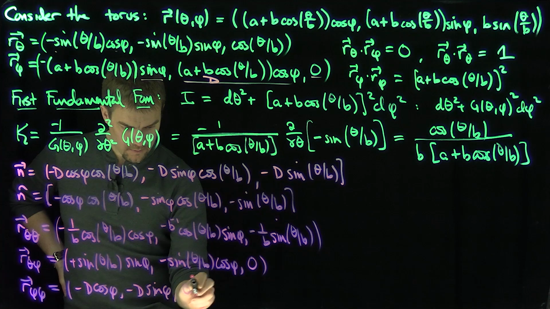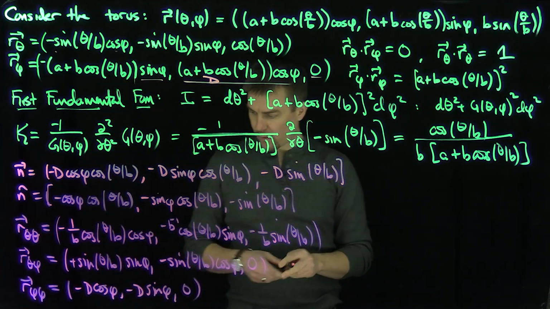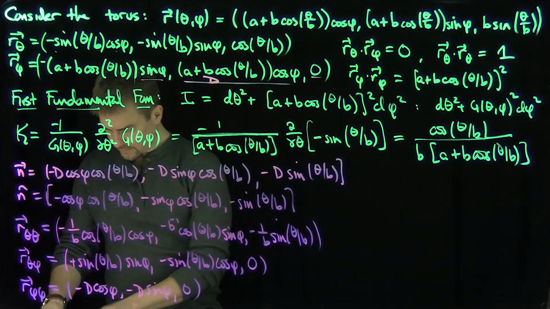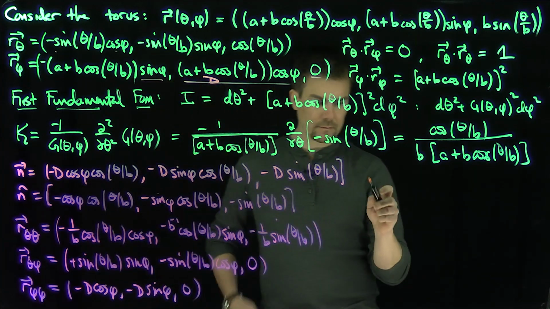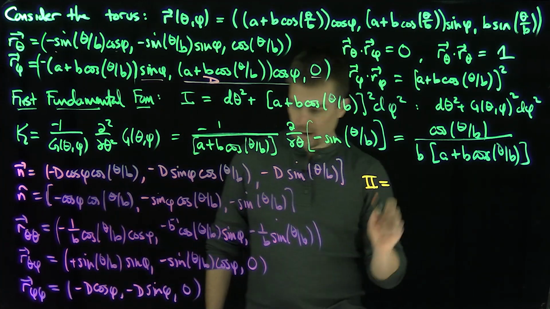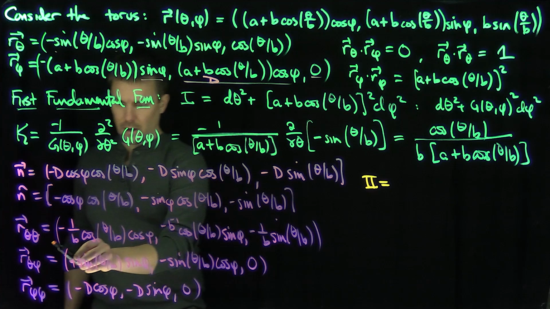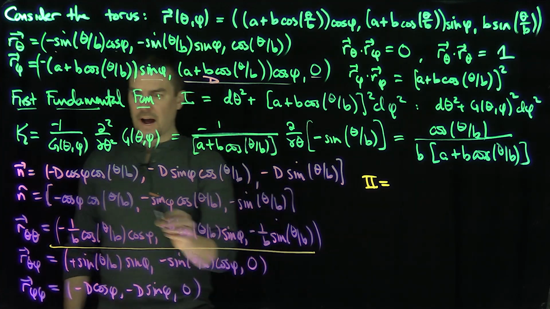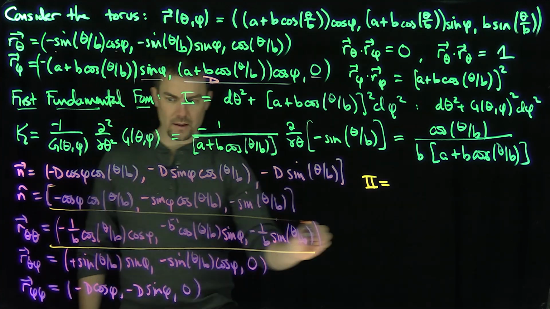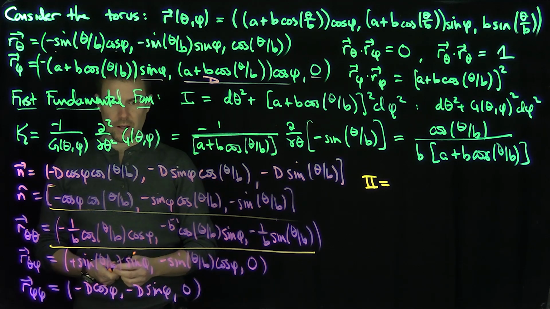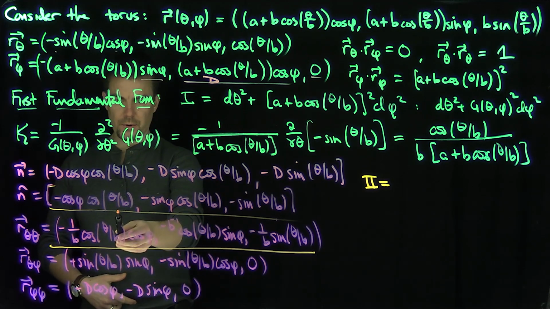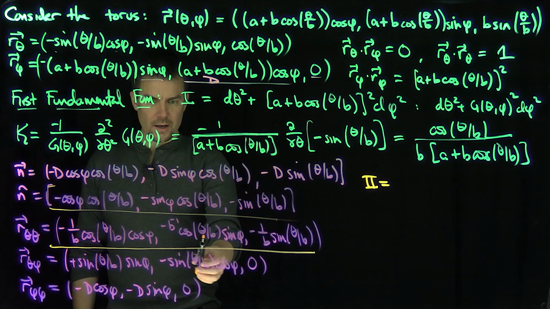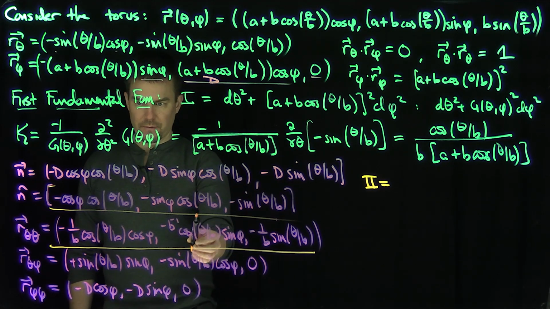Okay, so we'll find the second fundamental form. My second fundamental form, 2, is going to be r theta theta over here, dot with a unit normal vector right over here, right? Let's look over here what we're going to get. We're going to get cosine squared of phi, cosine squared of theta over b, and 1 over b sine squared of phi, cosine squared of theta over b, right?